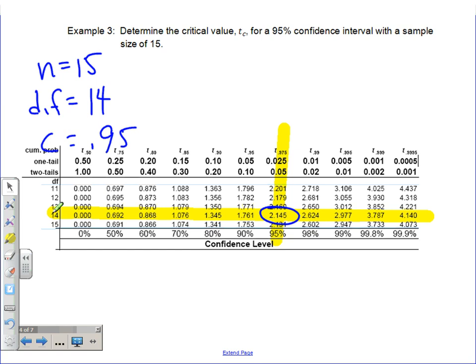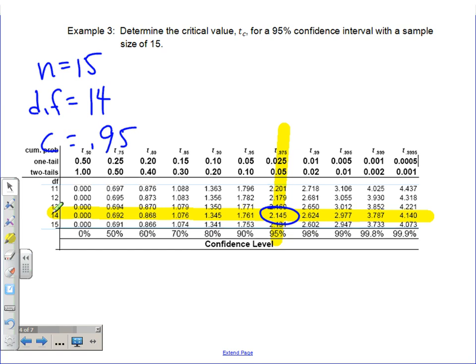And that's all they wanted to find, the critical t-value, 2.145. Again, that's kind of how many standard deviations out it is on the t-distribution, which is slightly different from the z-distribution. Not by much, as you saw in those pictures, but it is just enough. Okay. Any questions on that? Good.